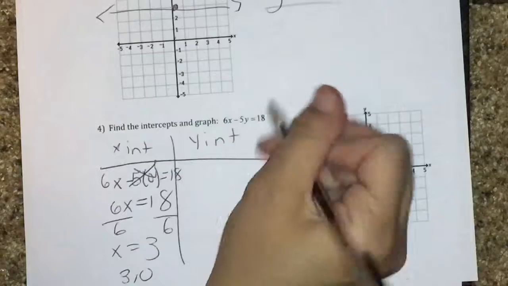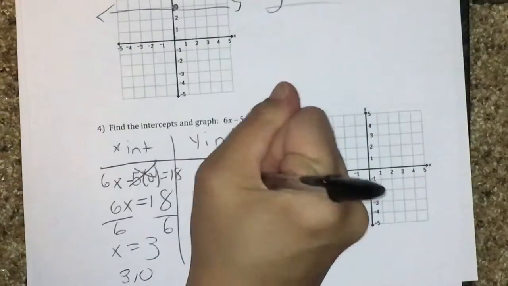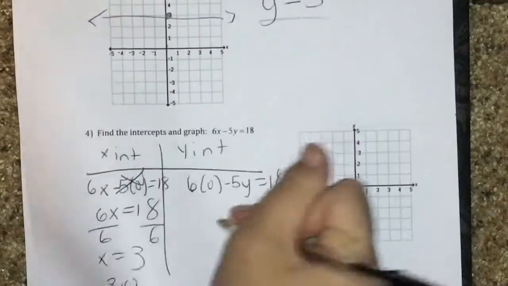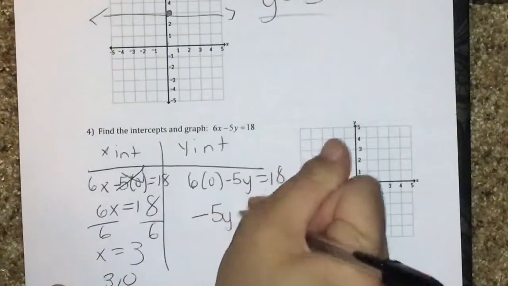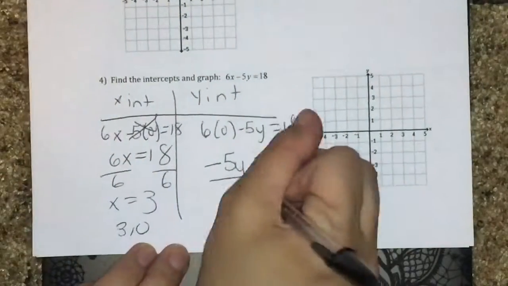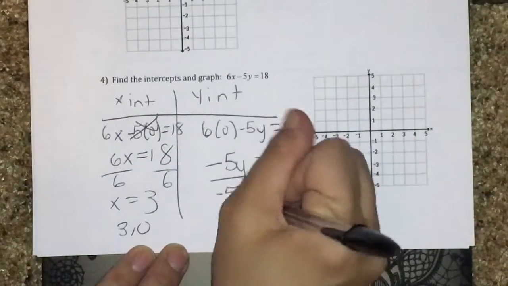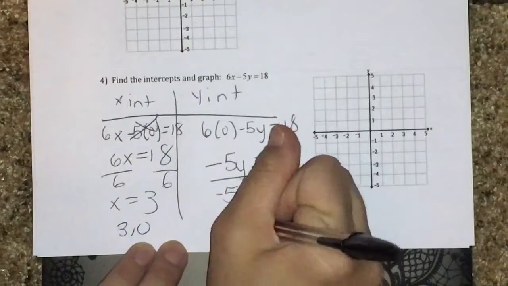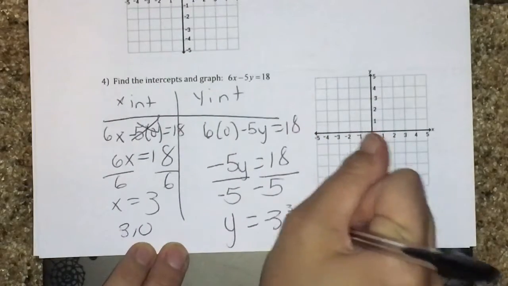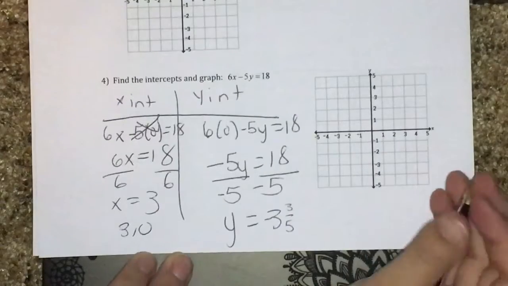The second one, I'm going to plug in 0 for x. And I get negative 5y equals 18. Looks like I'm going to end up with a fraction here, and get y is equal to negative 3 and 3/5. So we're just going to have to guesstimate there.